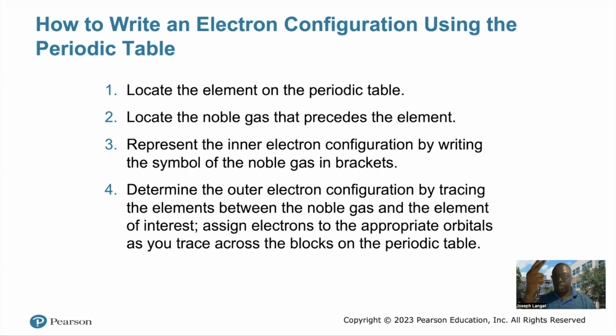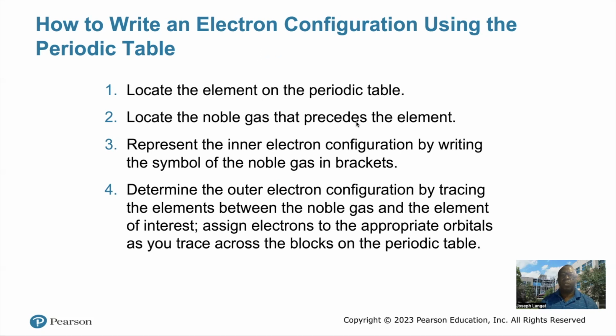Helium on the periodic table, 2 electrons. Sodium, 11 electrons. Magnesium, 12 electrons. Fluorine, 9 electrons. Carbon, and so forth. Please, just use the periodic table. The atomic number equals the number of electrons.